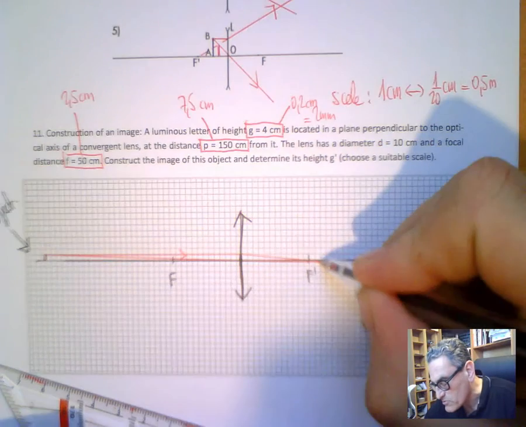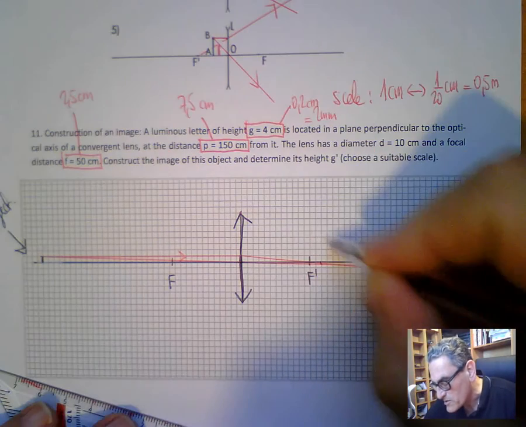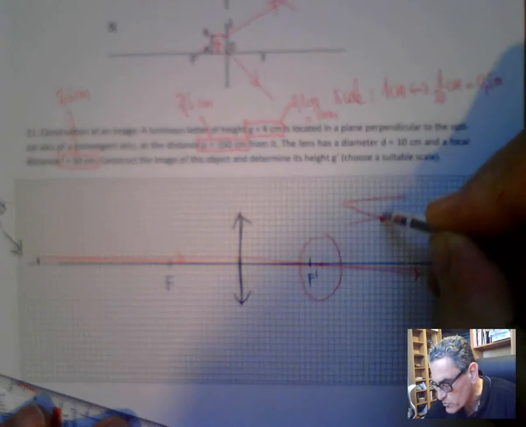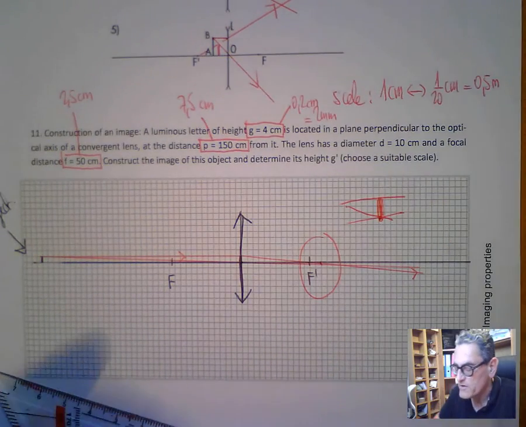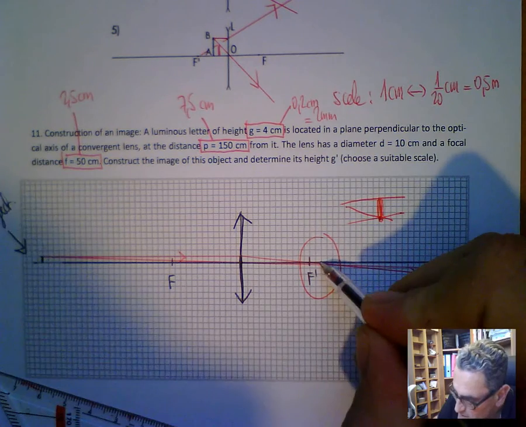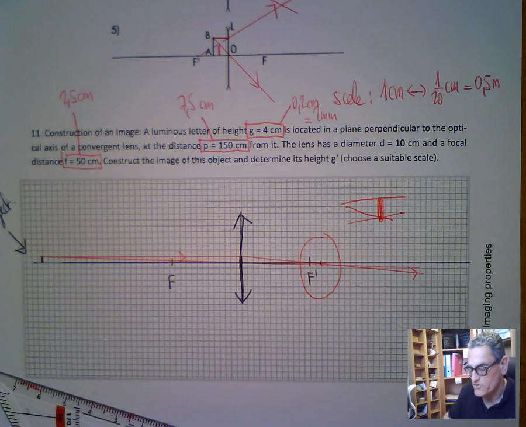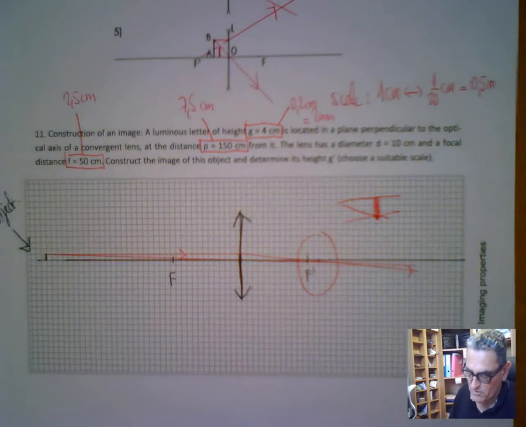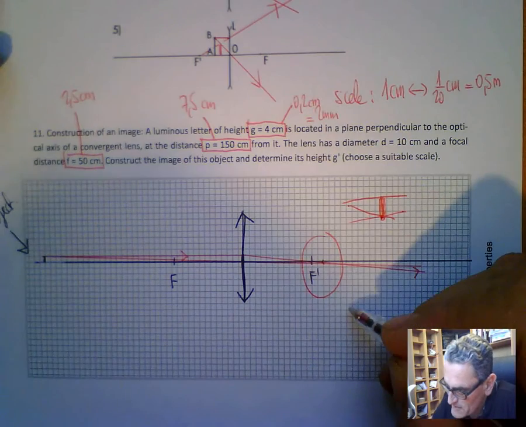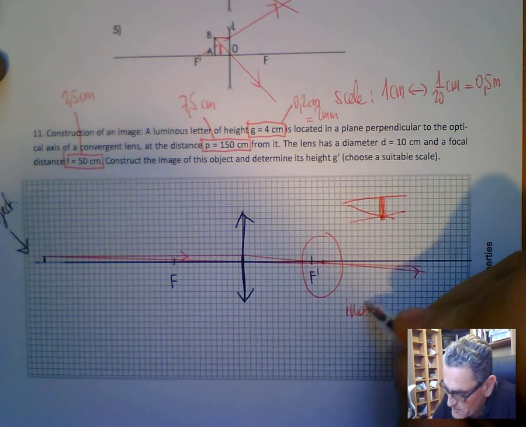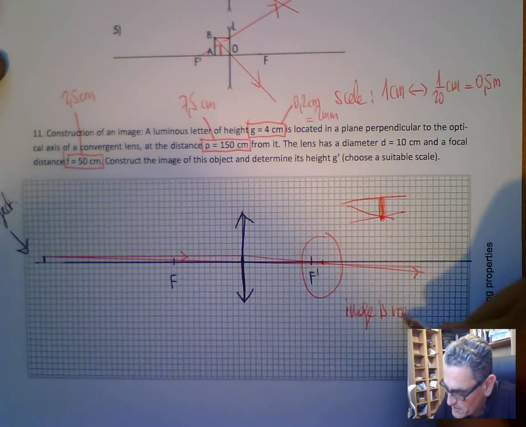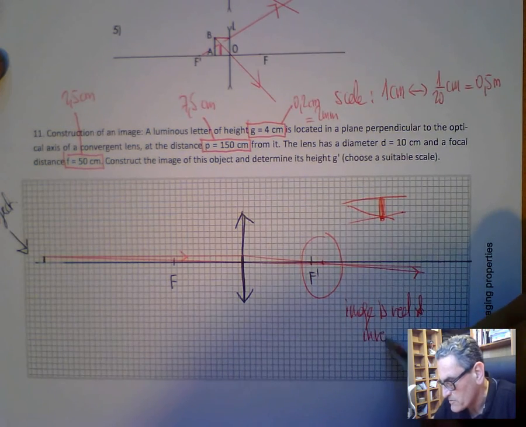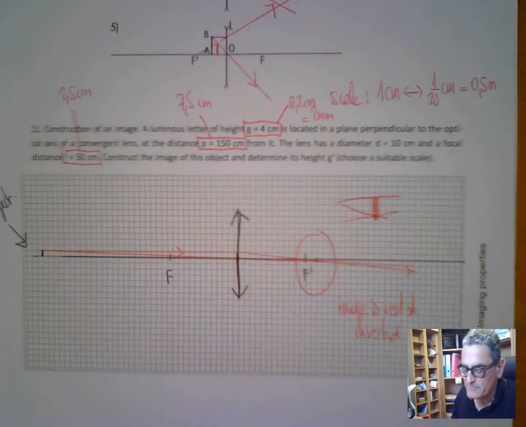So here there will be something like this with the two lines crossing, and the image will be here, a very small image. It's not my best exercise, I'm sorry. So the image is real and inverted. Okay, good.